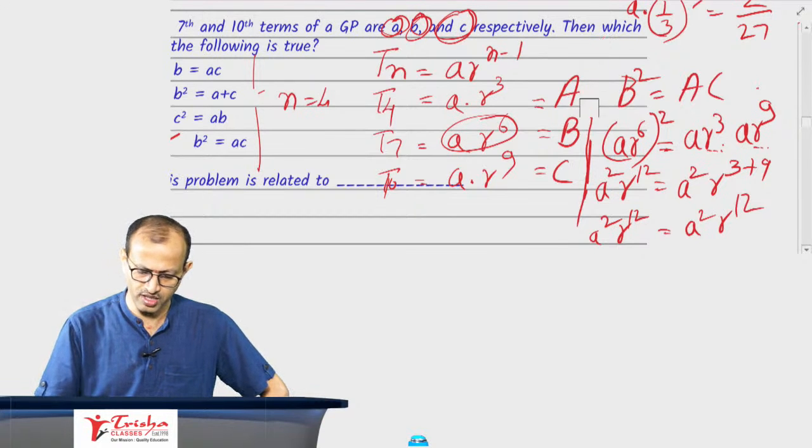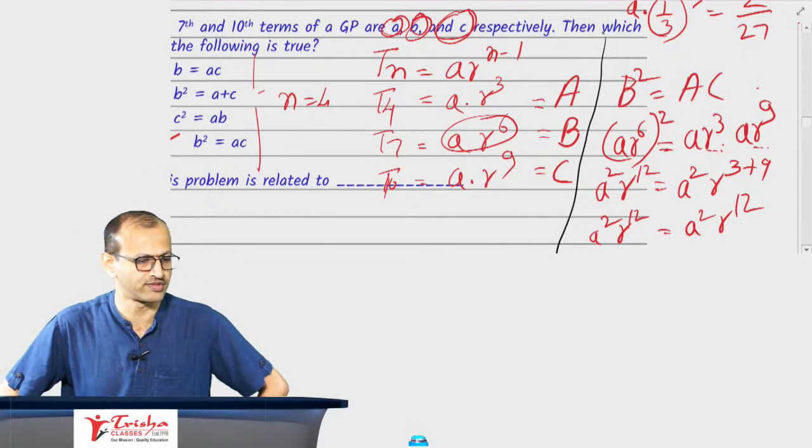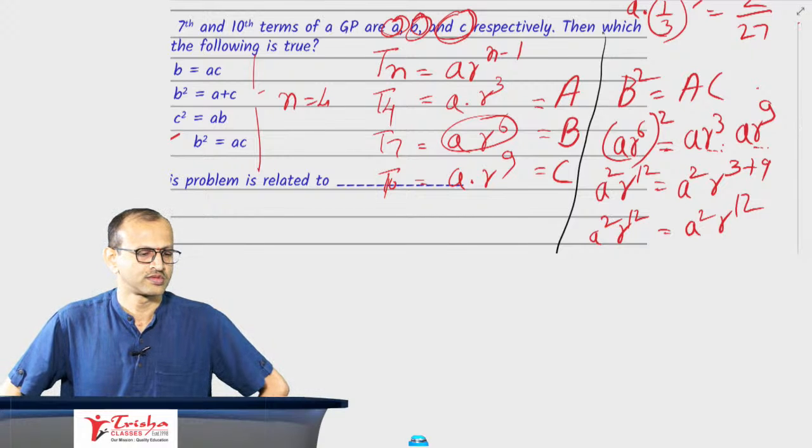Quickly take down. I'll give the time, then I'll give one more idea to all of you. Fast you write down. So you have to take the Tn formula.